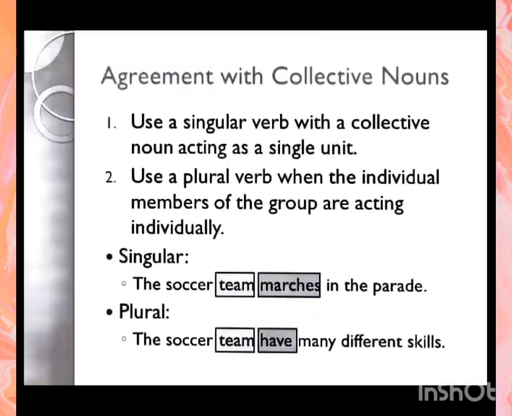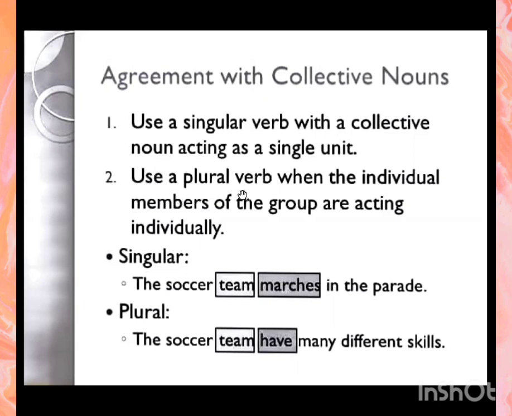Now, how do verbs agree with collective nouns? Use a singular verb with a collective noun acting as a single unit. Dear students, when we talk about a collective noun, for example, classroom, or flock of birds, bunch of keys, here with collective nouns we use a singular verb as a single unit only.